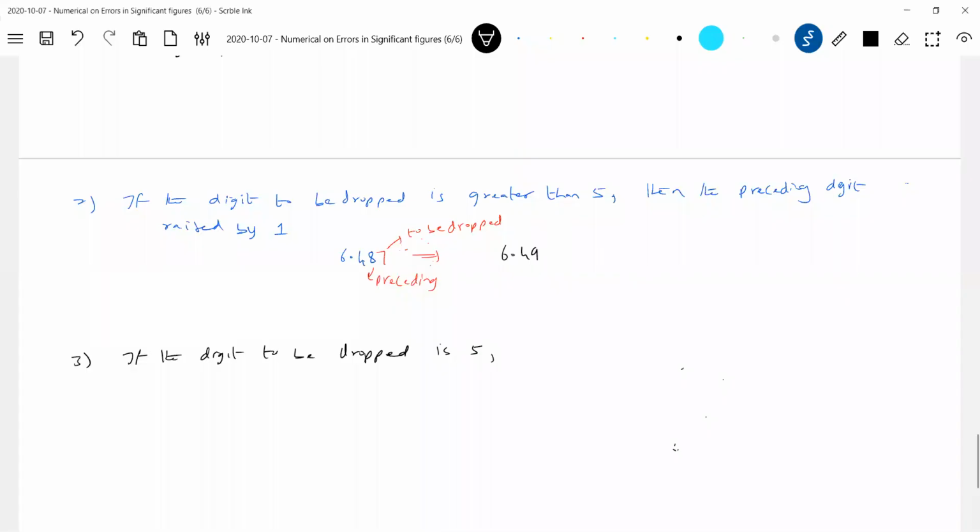If the digit to be dropped is 5, followed by digits other than 0, then the preceding digit is raised by 1.